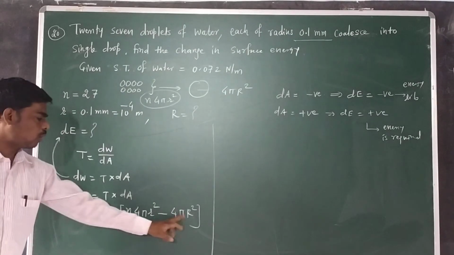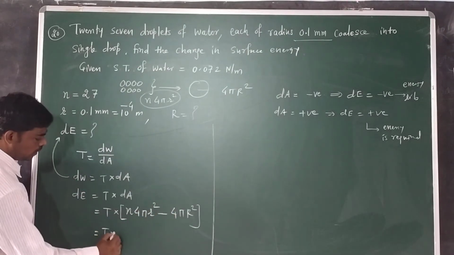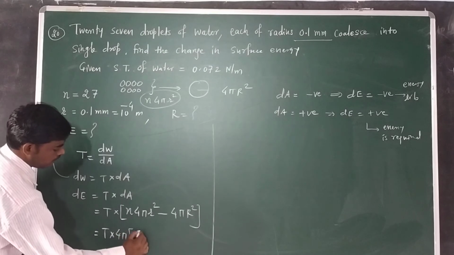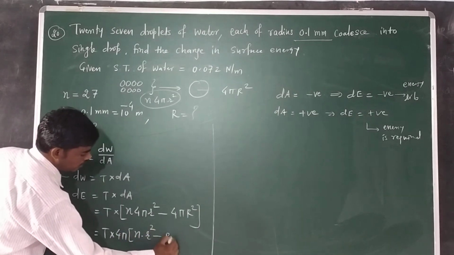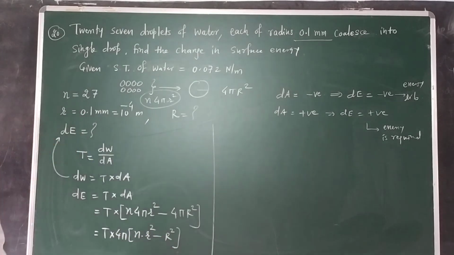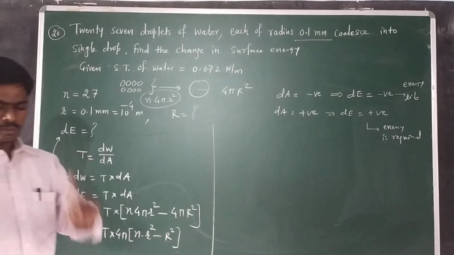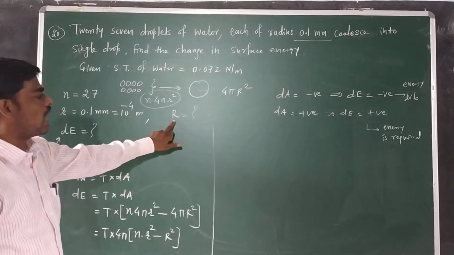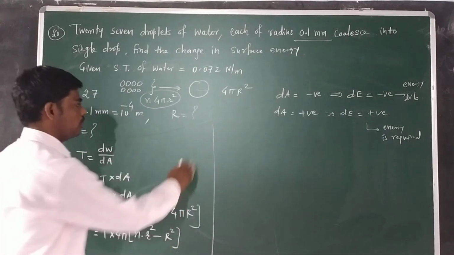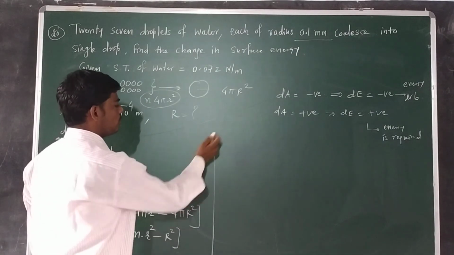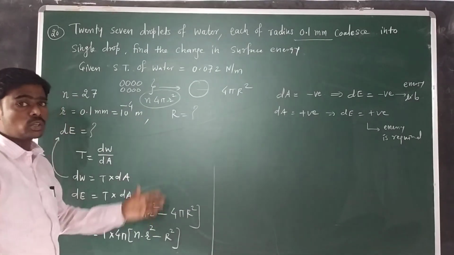We can take 4 pi common here. So T into 4 pi times n small r square minus capital R square. All terms are known to you, only one term is unknown, and that unknown term is R, the radius of the big drop. We can find the radius of the big drop by the condition of volume.